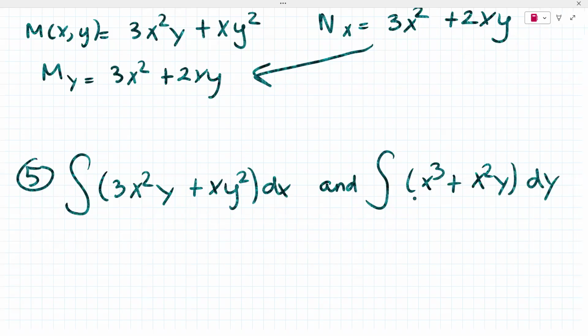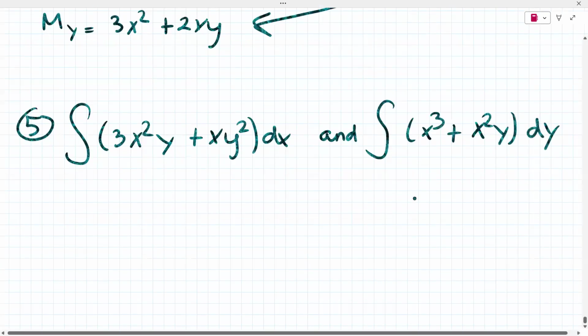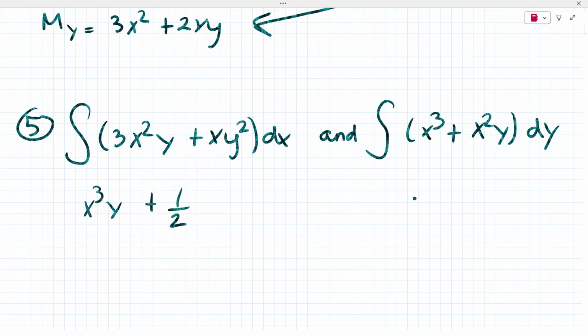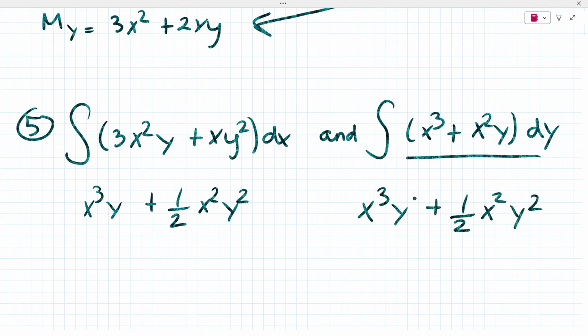So the integration of 3x squared y plus xy squared with respect to x is x cubed y plus 1/2 x squared y squared. And then the integration of x cubed plus x squared y dy with respect to y is x cubed y plus 1/2 x squared y squared.